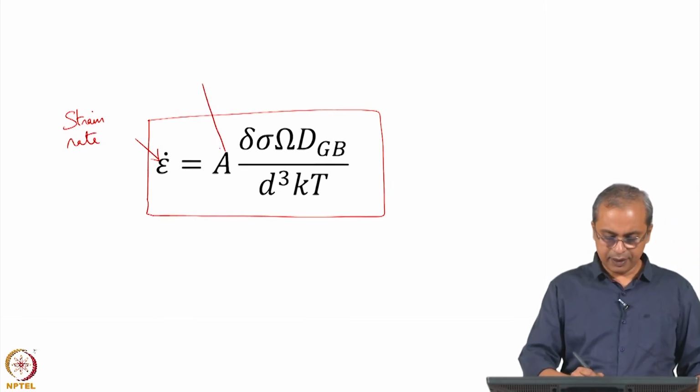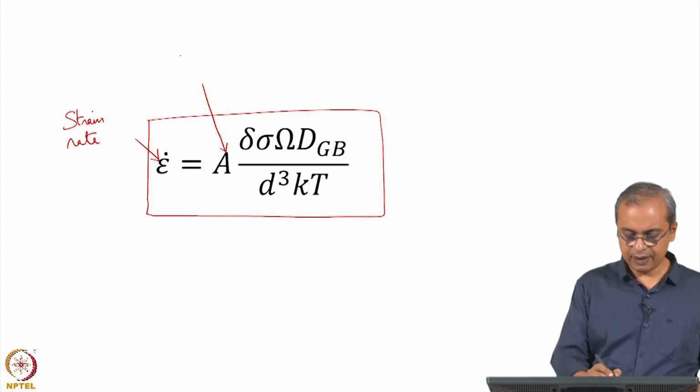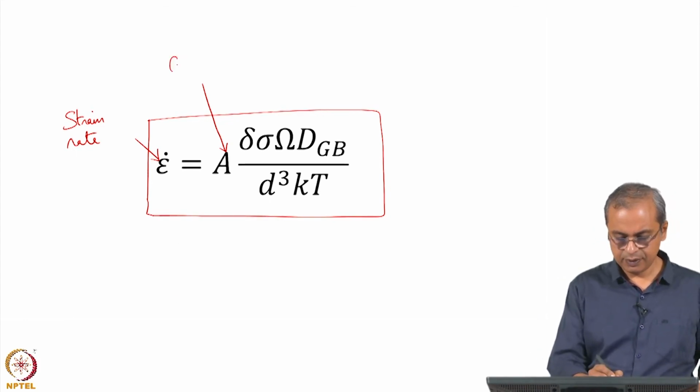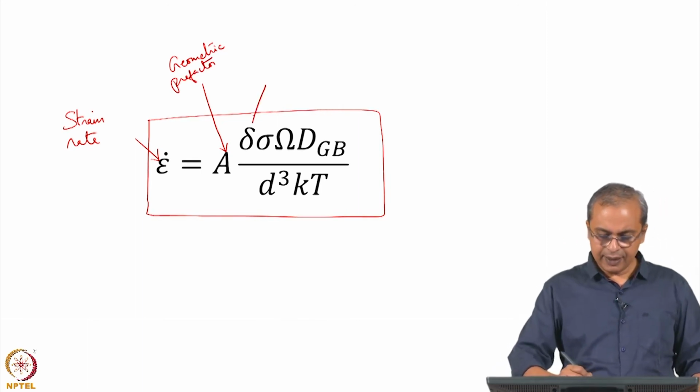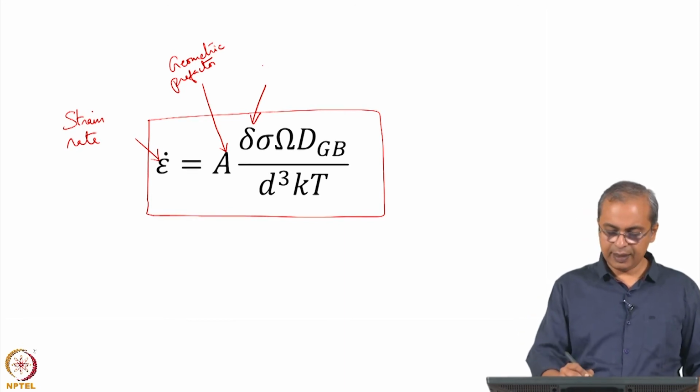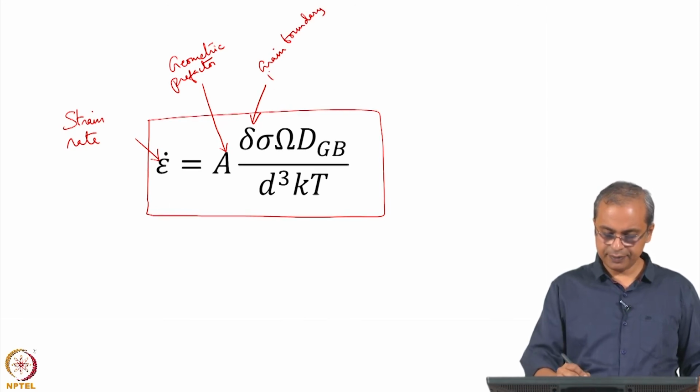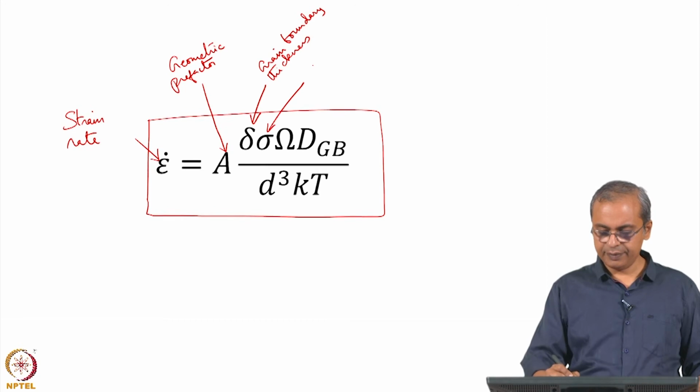This is some geometric prefactor for this equation. This delta here is the grain boundary thickness. Sigma here is the stress that you have applied.